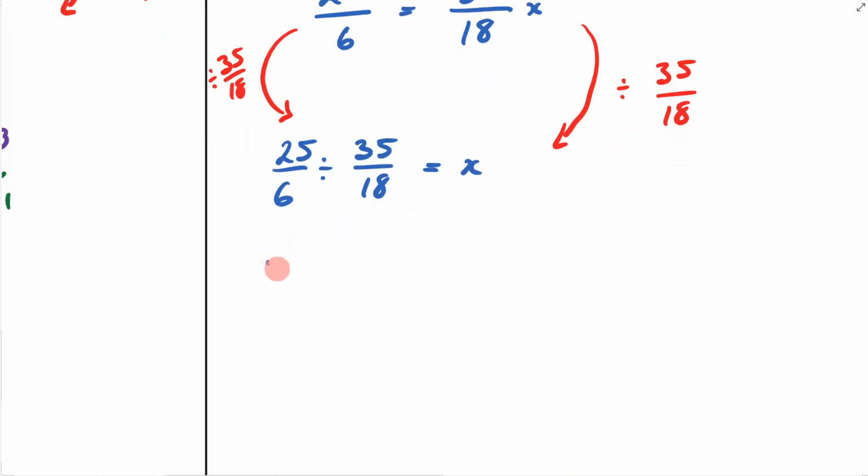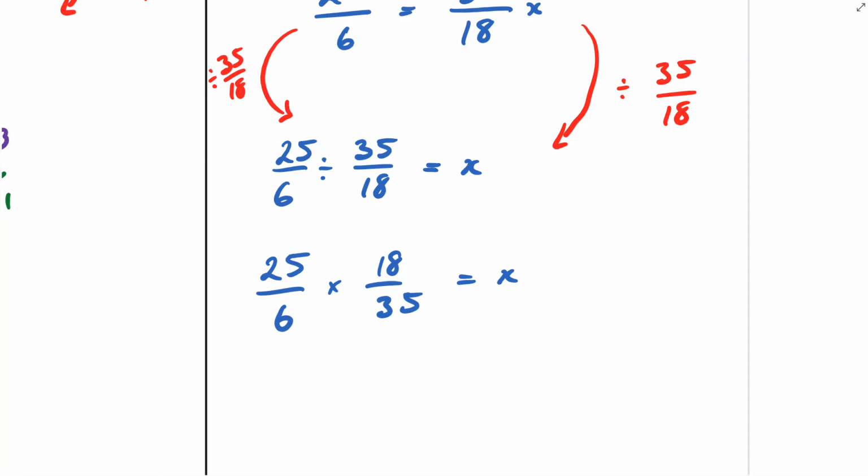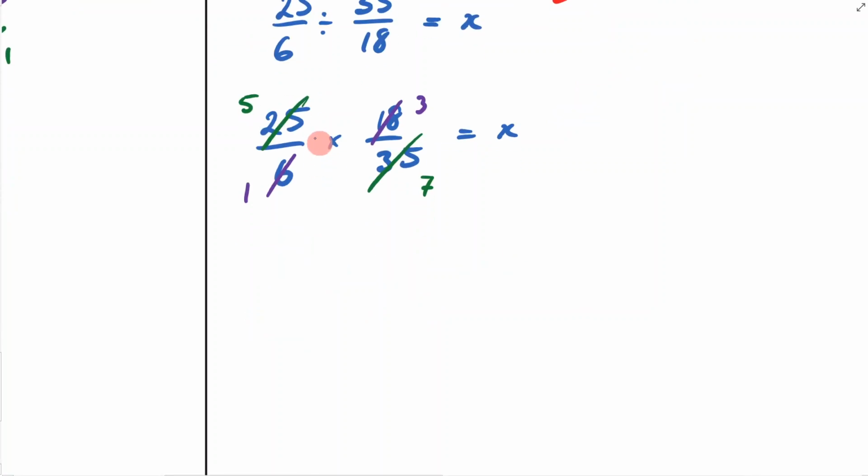Now I'm going to do stay, change, flip, which is going to be 18 on 35. Then I'm going to see if I can cancel anything out. 25 and 35 are both divisible by 5. This will be 5 and this will be 7. And then 6 and 18 are both divisible by 6. This will be 1, this will be 3. So that means at the end of the day, what I'm going to get is 5 times 3 is 15 and 1 times 7 is 7. That's going to be my answer.